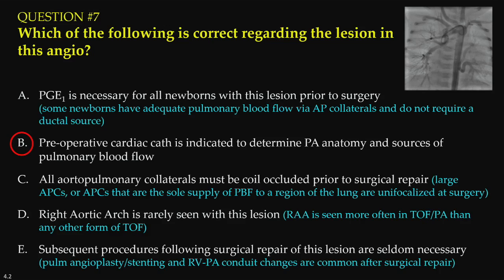The right aortic arch is seen more often in tetralogy of Fallot with pulmonary atresia, or some people call it pulmonary atresia VSD, than any other form of tetralogy of Fallot. And subsequent procedures following the unifocalization procedure are really common. So typically pulmonary angioplasty or stenting, and then of course they have an RV to PA conduit, so that needs to be changed out. So all of those things need to occur.